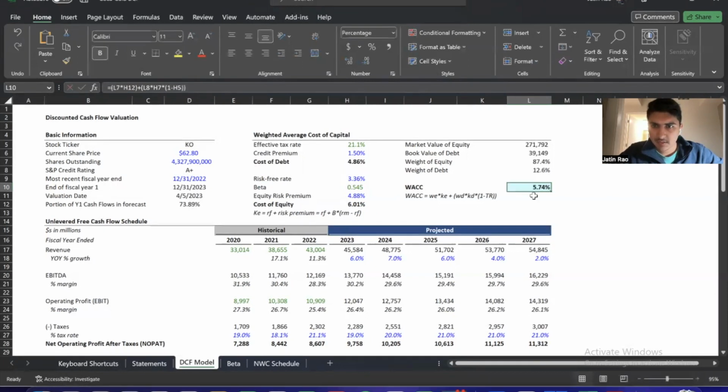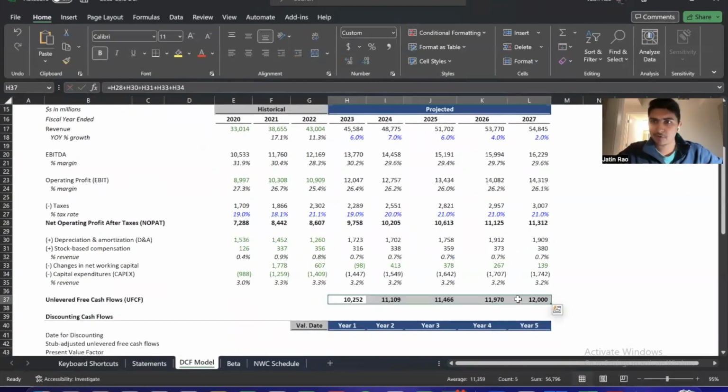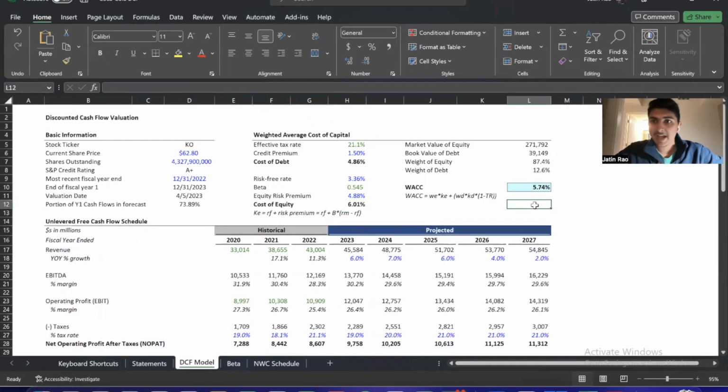And this beautiful number is the discount rate that we are going to be using to discount these future unlevered free cash flows. This is the best approximation that we have at finding a discount rate that appropriately represents the risk of these cash flows to Coca-Cola's investors, to all of their investors, both equity and debt.